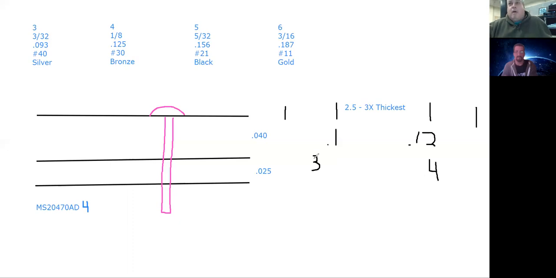If it's like a bracket that holds an ashtray on or something, if it's not structural, maybe you could get by with the 3 rivet. So you get to use your common sense. But I would say when in doubt, especially if it's something structural, use the bigger, stronger rivet.